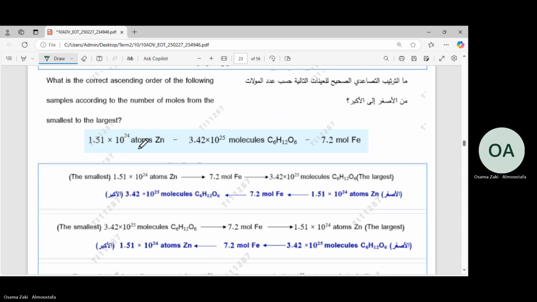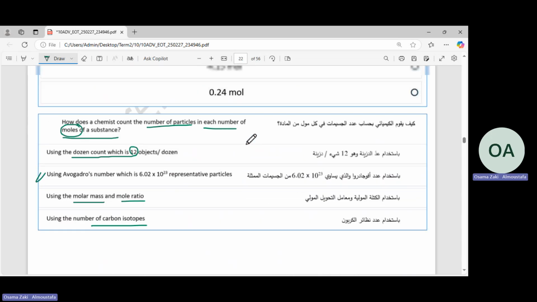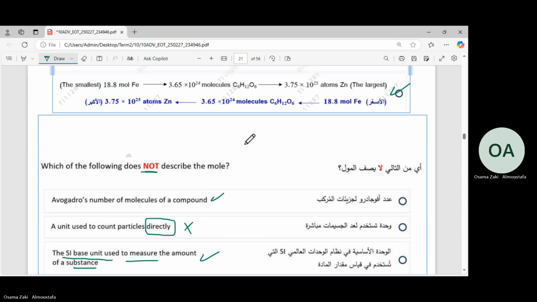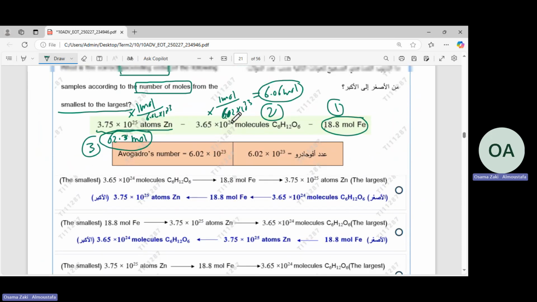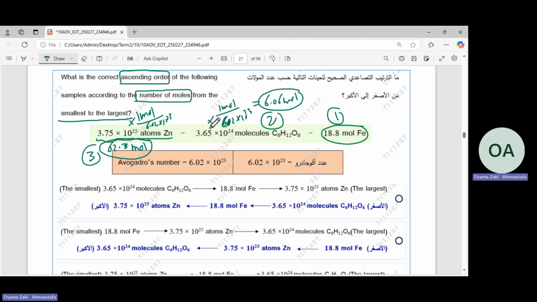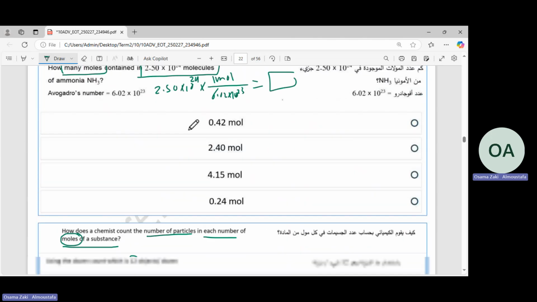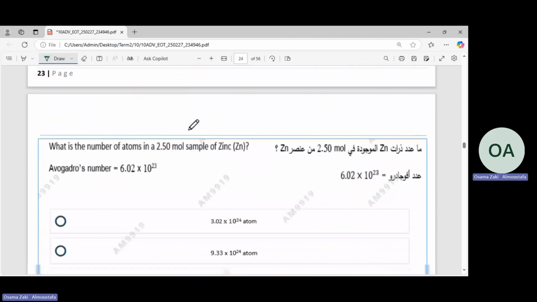Here, what is the correct ascending order? This is similar to the previous question, so you can solve it by yourself by just following the same steps. Here let's move to this one.